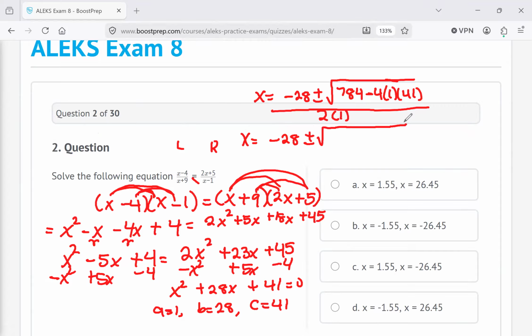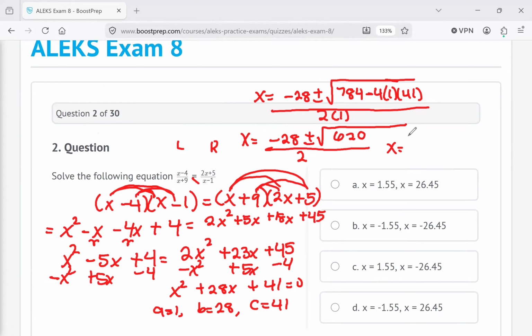So it's 784 minus 4 times 41, over 2. You get x equals.